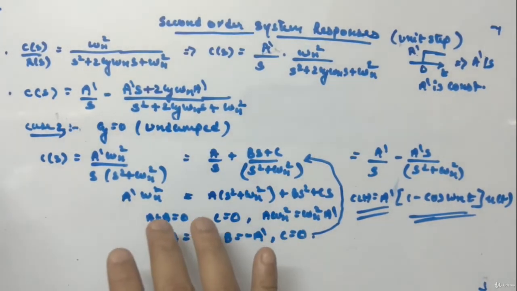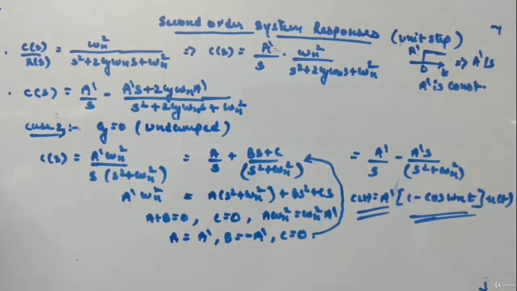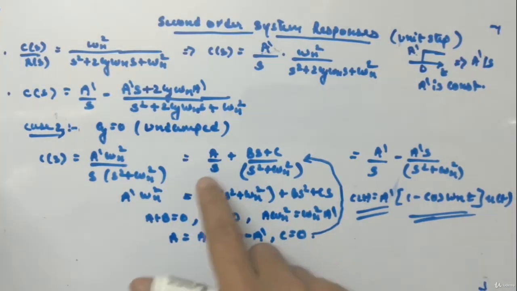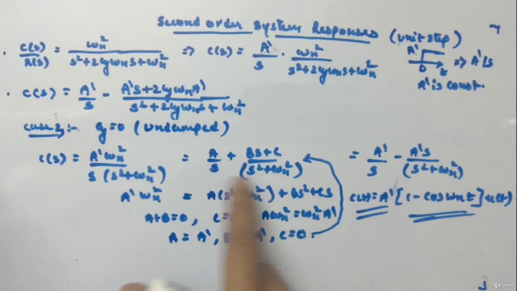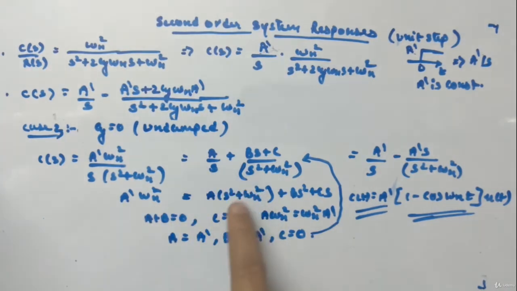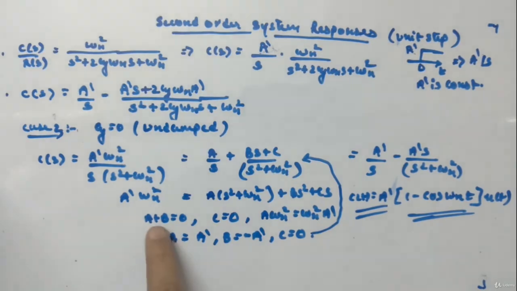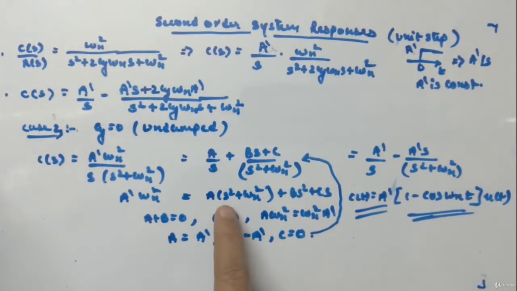Now I'll again go to the LCM form to calculate the values of a, b, c. This term will be multiplied here, that term will be multiplied here, the denominator will get cancelled, and we equate the coefficients. A dash omega n square is equal to a into s square plus omega n square plus bs square plus cs. So the coefficient of s square is a plus b, which is equal to 0.